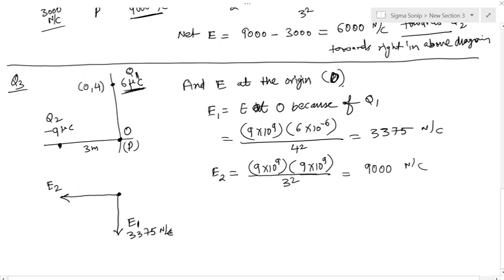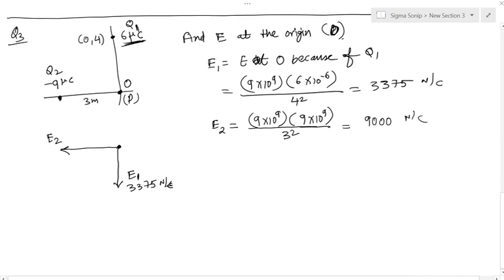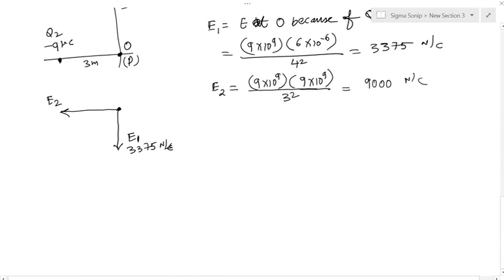So far so good. Now these are vectors, so I have to do a vector addition. We need to draw one vector first, and then draw another one. So E2 is 9,000 here, that's the first vector I'm drawing, and from the tip of the first vector I draw the second vector, which is 3375.